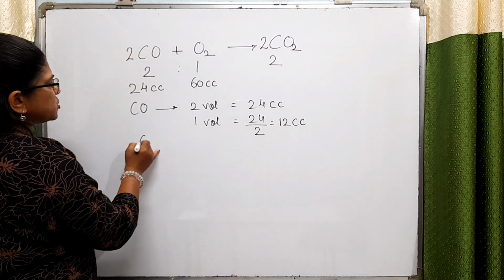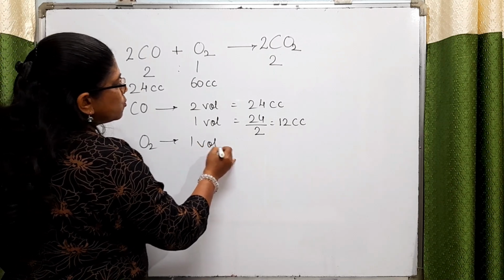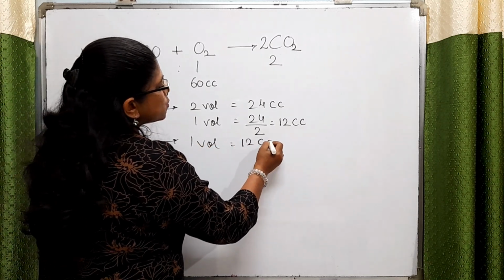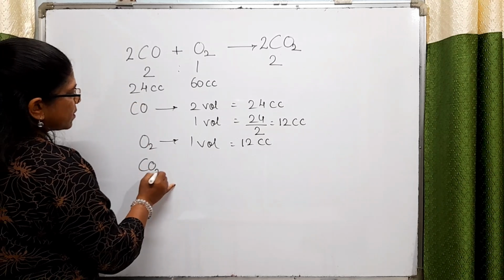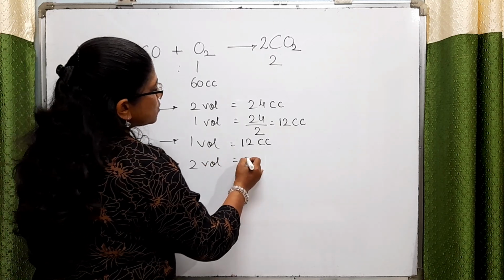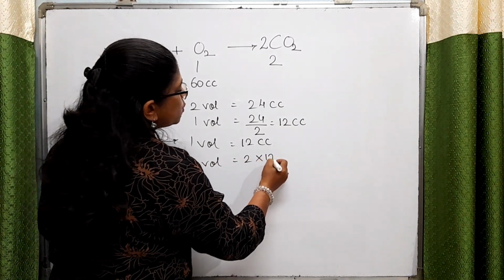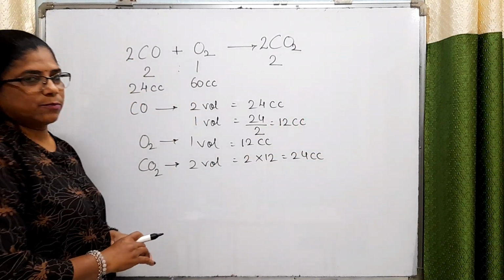So here oxygen used is only one volume, which is equal to 12 cc, and carbon dioxide formed is two volumes. So this is 2 into 12, that is 24 cc.